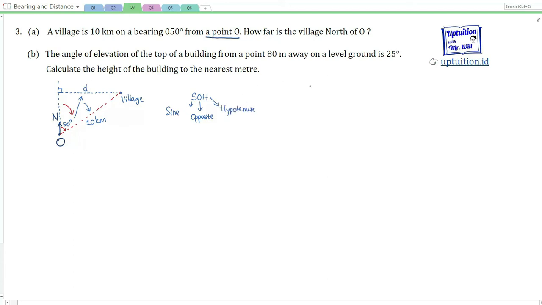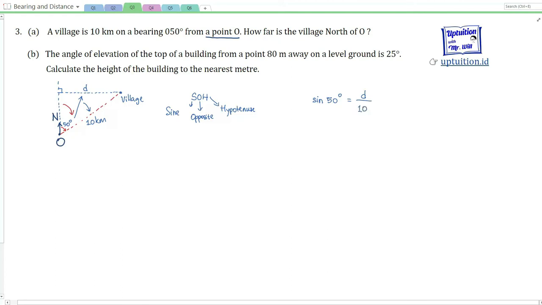So let me write that again. That will be sine 50 degrees is equal to the opposite side of that right angle triangle, which is D, over the hypotenuse. Hypotenuse is just 10.